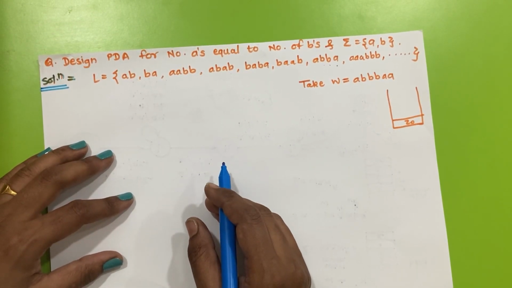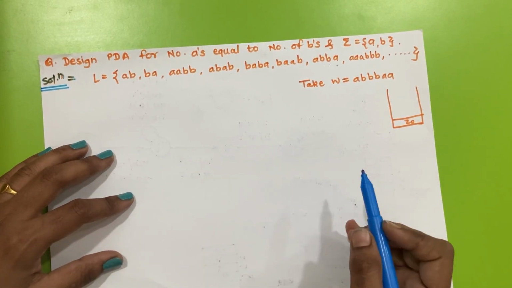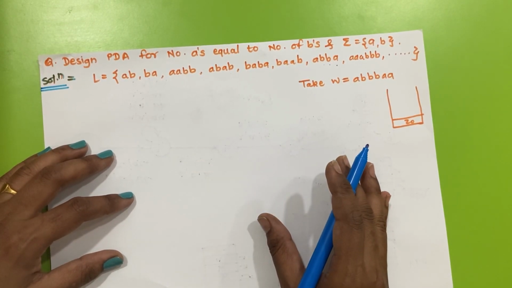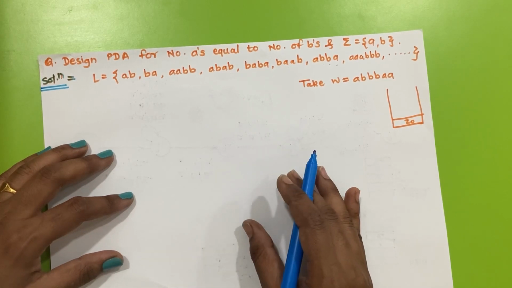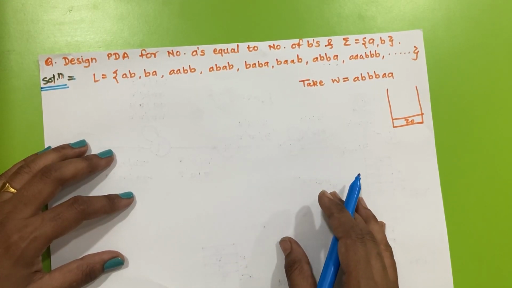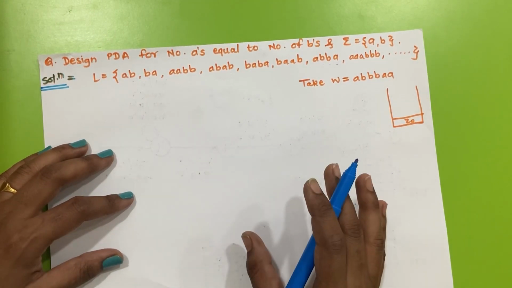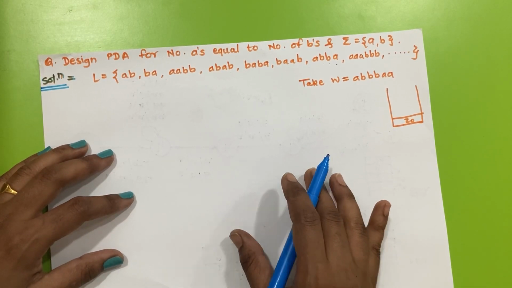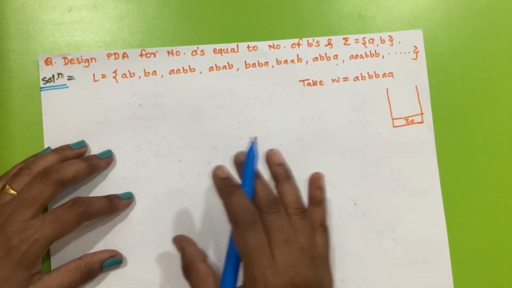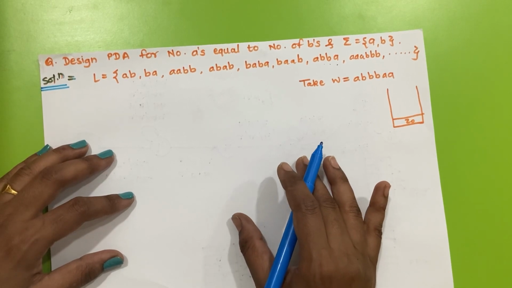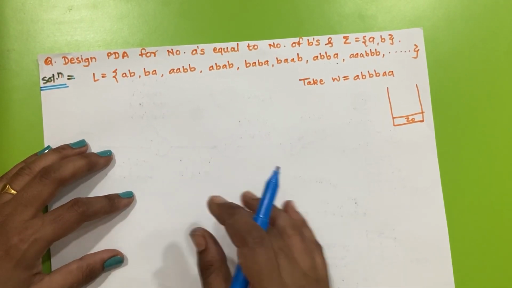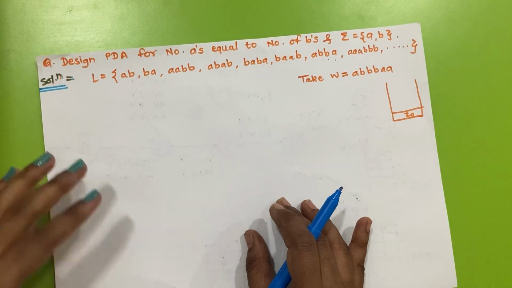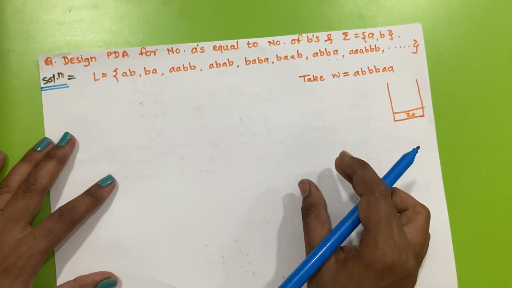So here we don't have any knowledge of when to perform a pop operation and when to perform a push operation. As we have discussed in many of the problems before, in that case for A's we pushed onto the stack, then for each B we popped the stack. So here we don't know anything about the position, so when we have the first letter, that will get pushed onto the stack.